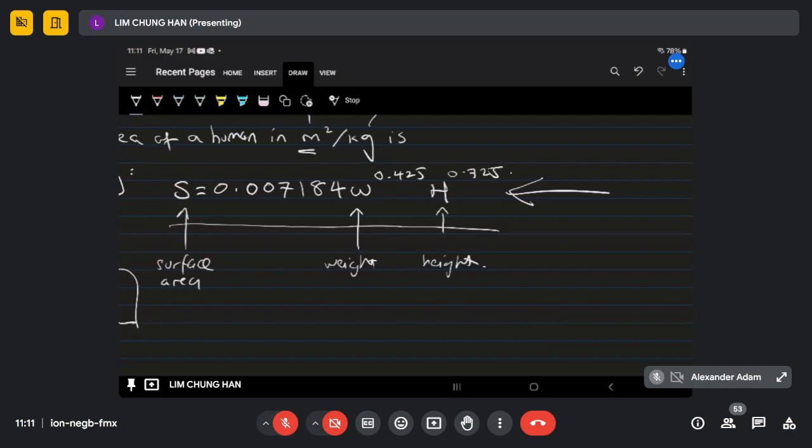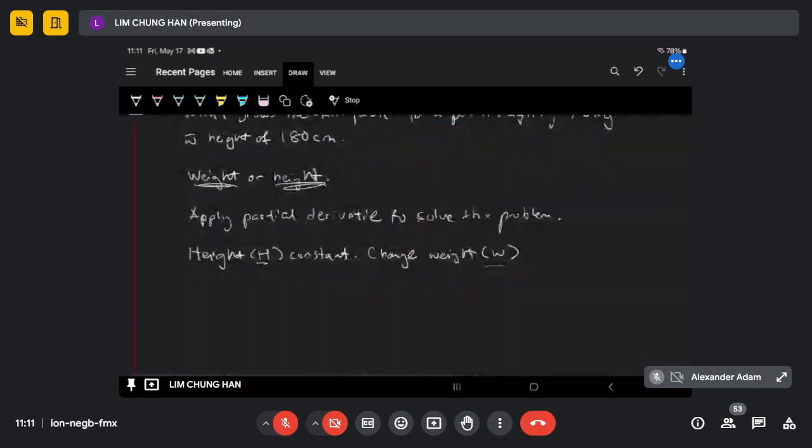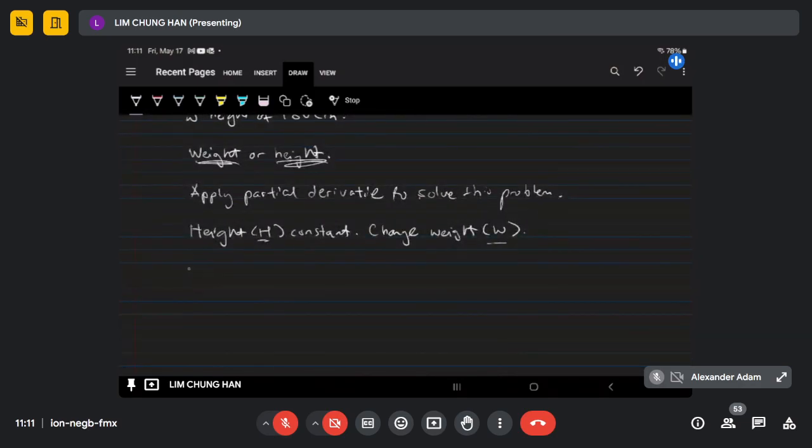Okay, so what you want to do is dS over dW. We want to change weight, so W is the variable and H is constant. So let's rewrite the formula.